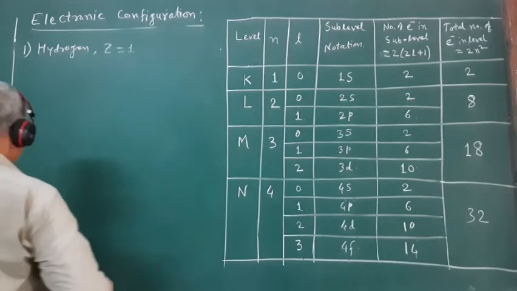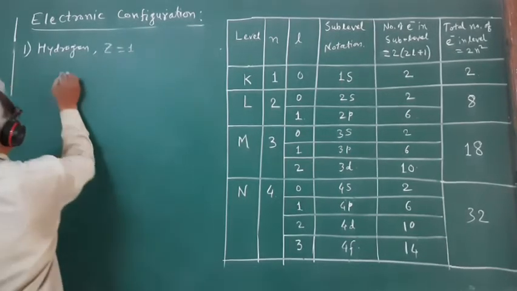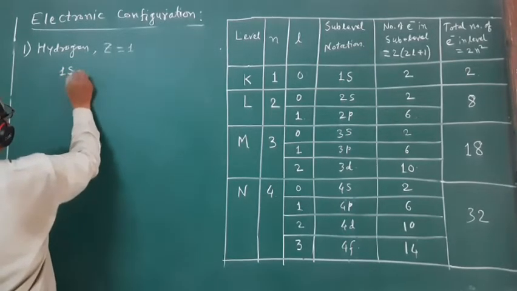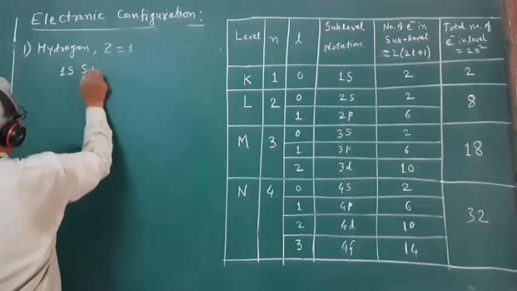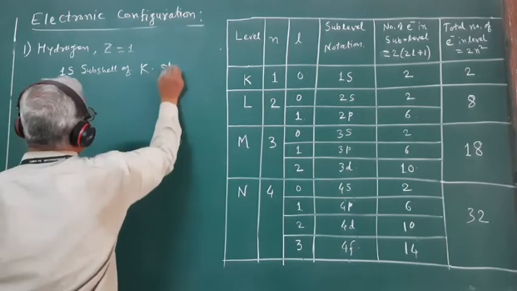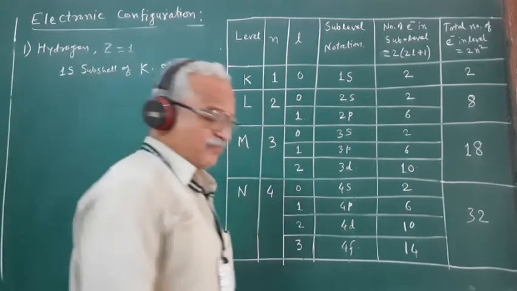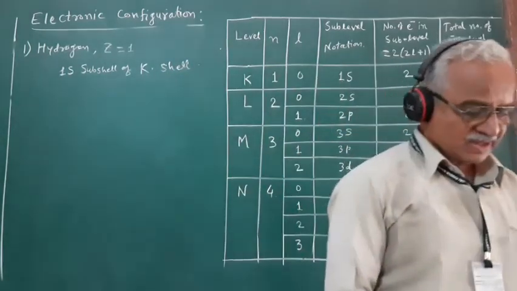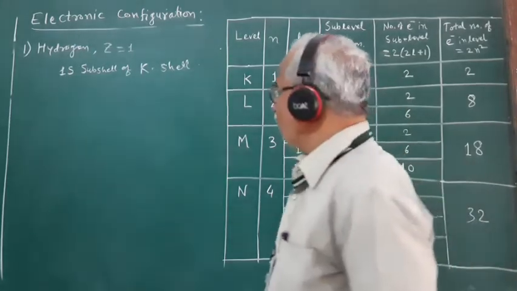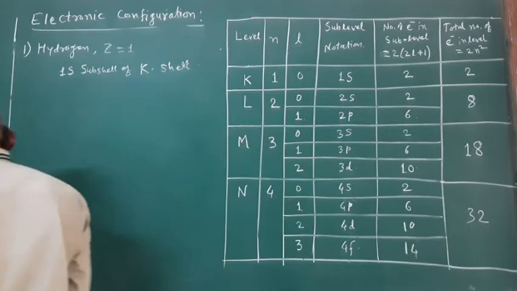And this electron will enter into the 1s subshell of K. This lone electron in the hydrogen atom will take its place in the 1s subshell of the K shell.